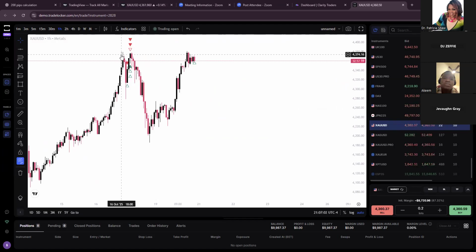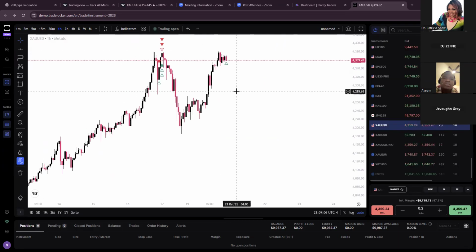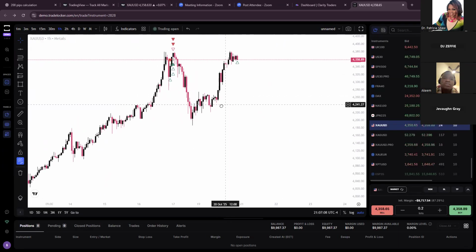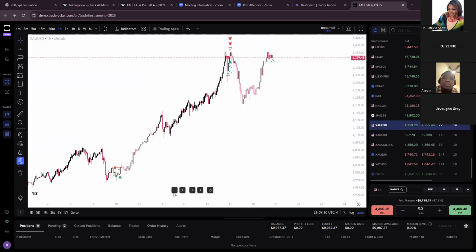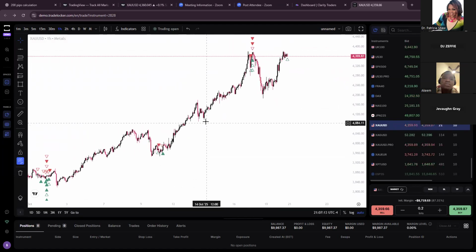This is liquidity. This is how we know that price is going to continue higher, right? And gold is bullish anyways at the moment. This was our impulse here, and then this was our correction, and we're in our continuation phase.